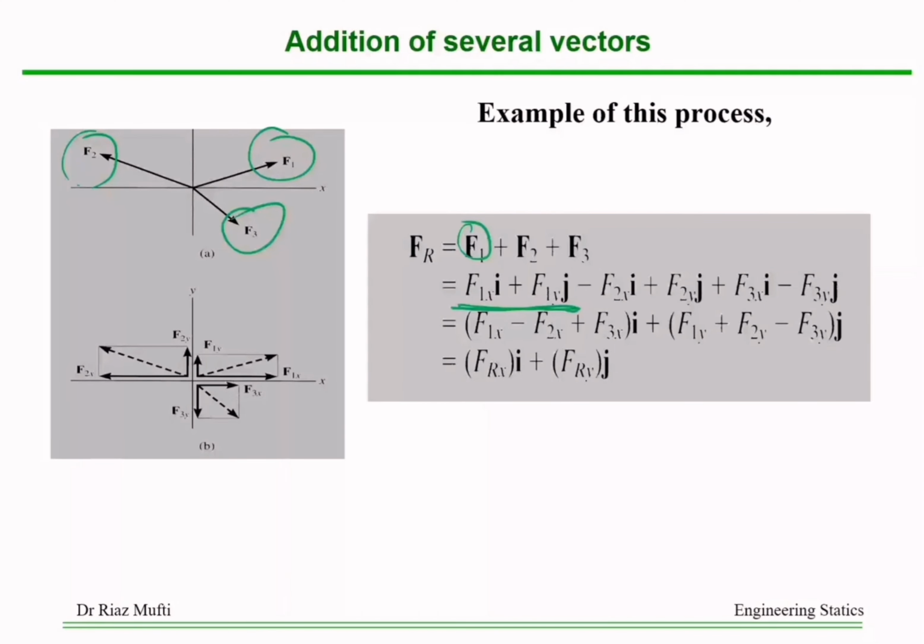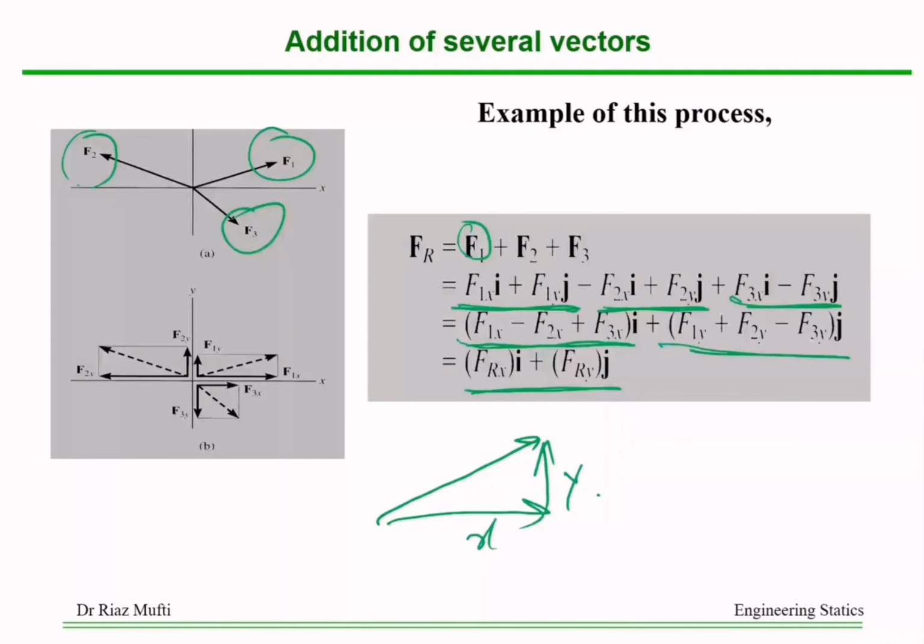So I've got F2 components here and F3 components here. I sum them up. So I add all x components together, that's here, and I add all the y components. So in the end, I've got my x and y component. So in simple words, if this is my resultant, I've got my x component and my y component.